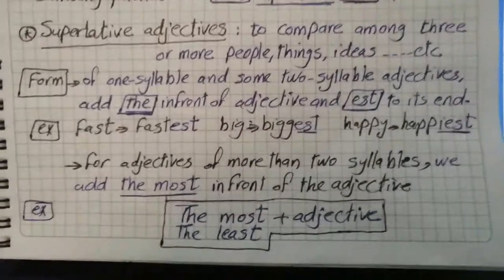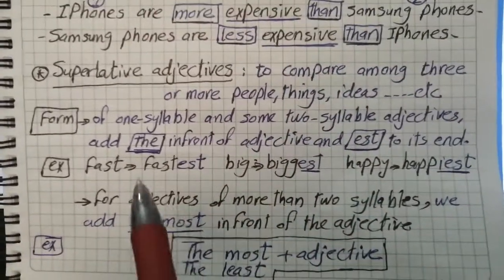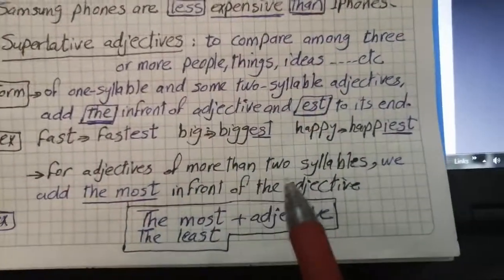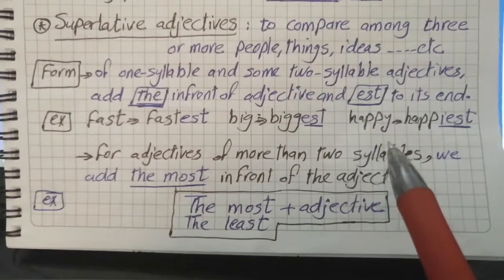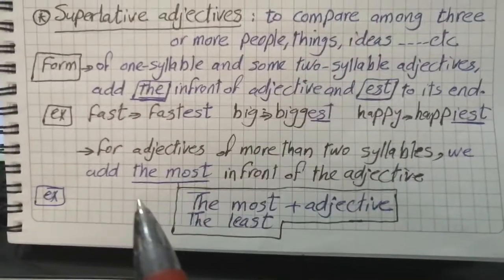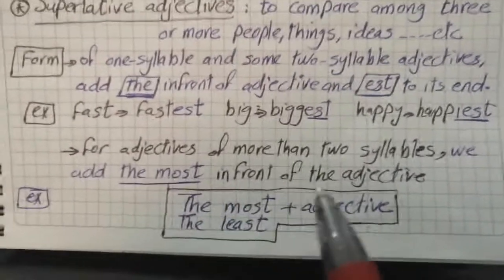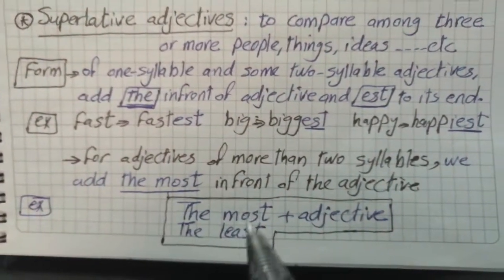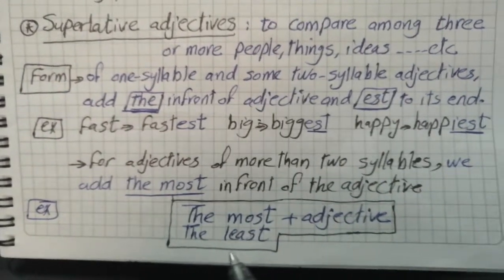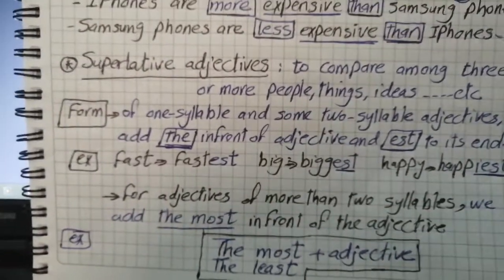But for long adjectives, adjectives of more than two syllables, we add the word the most in front of the adjective. So the form will be the most or the least before the long adjective.